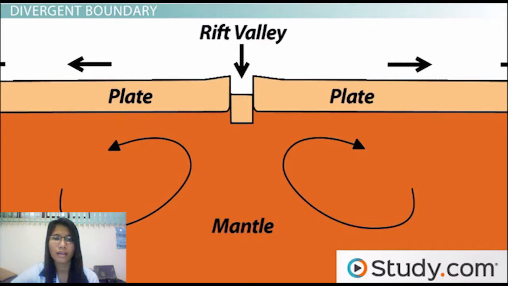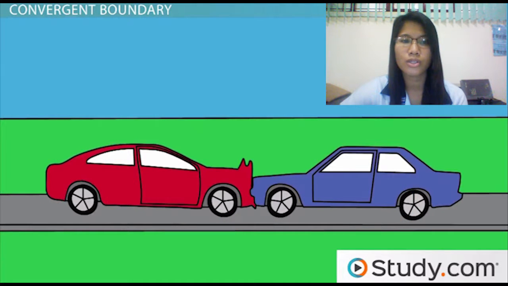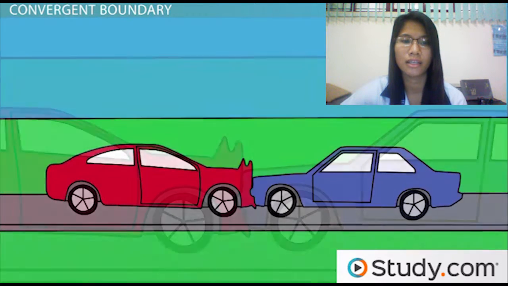A second way cars interact is by colliding. When cars impact each other or another solid object, the energy is transferred to the cars themselves, showing up as dents, ripples, or cracks. Plates also show telltale signs of colliding, depending on the kind of crust colliding.